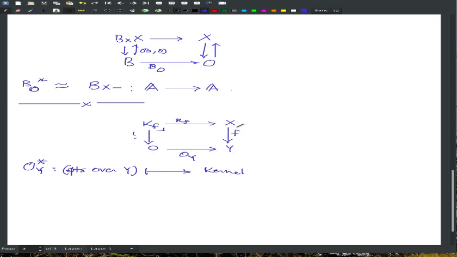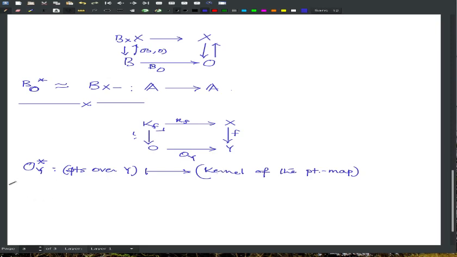Remember, the point was this epimorphism. So it gives rise to the kernel functor.